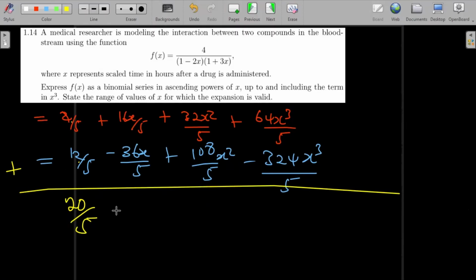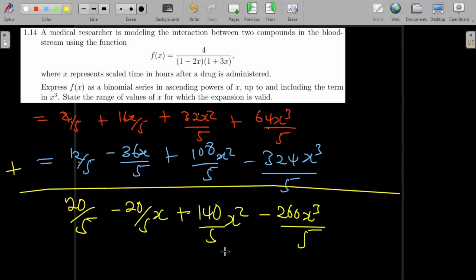This one plus this one, I'm going to get minus 20x/5. This one plus this one, plus 140x²/5, and this one plus this one, minus 260x³/5.